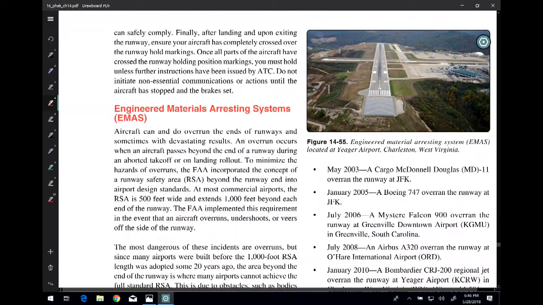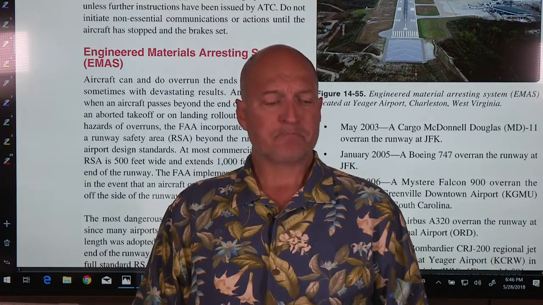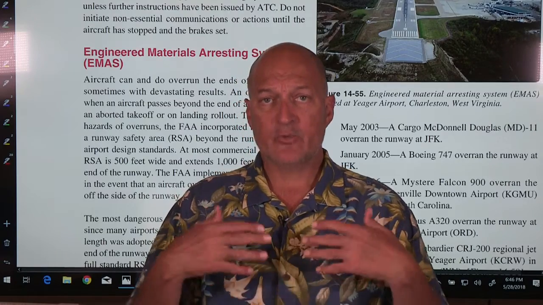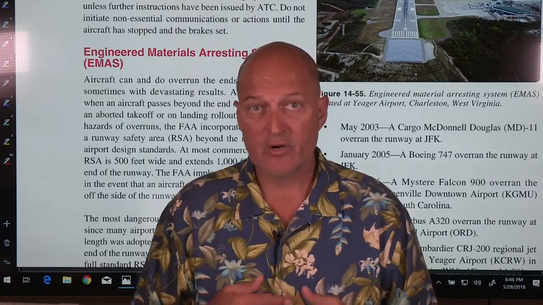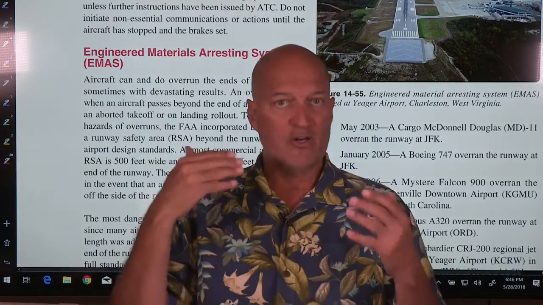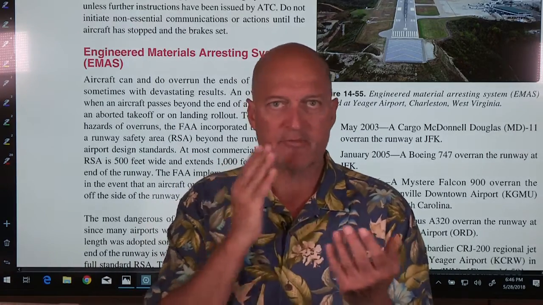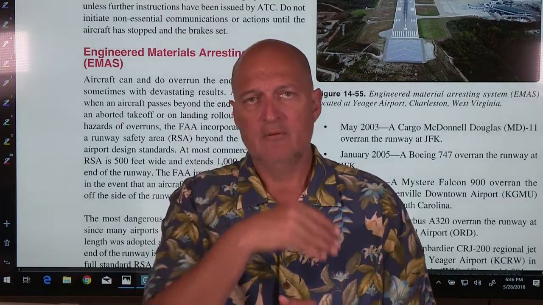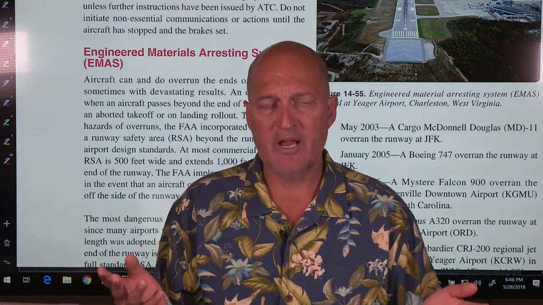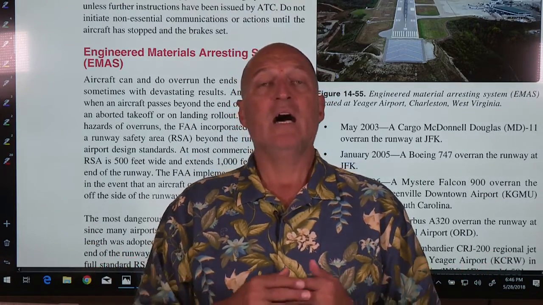They also have some other arresting systems at some airports that are served by the military. In some cases, they will have an arresting system like they have on an aircraft carrier, where they can pull up a cable and grab the gear of an airplane to keep it from going down the bluff or some area there at the end of a runway.